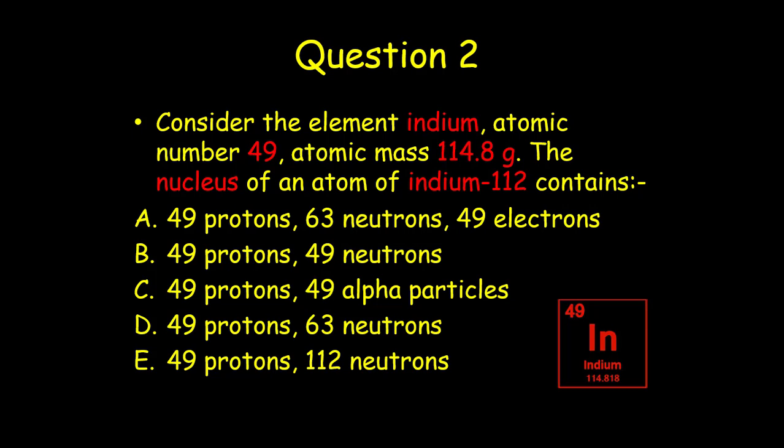B. 49 protons, 49 neutrons. C. 49 protons, 49 alpha particles. D. 49 protons, 63 neutrons. E. 49 protons, 112 neutrons. Try to solve this question before resuming the video.